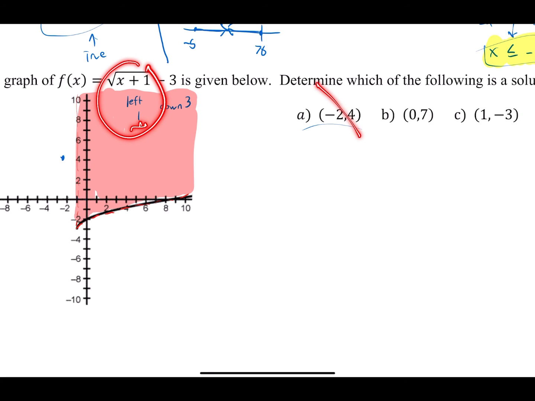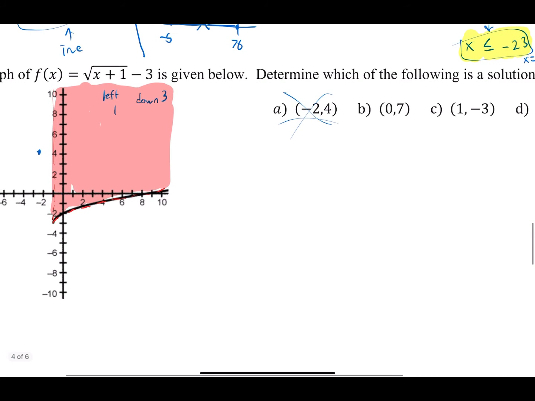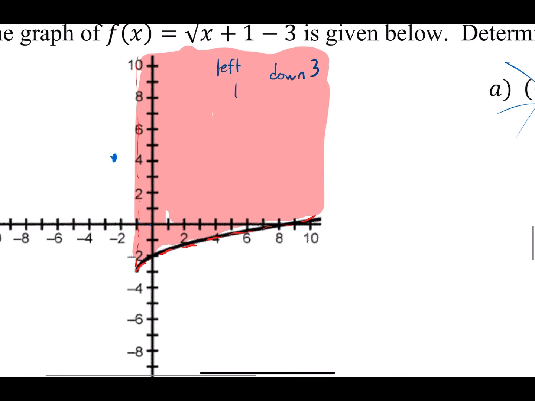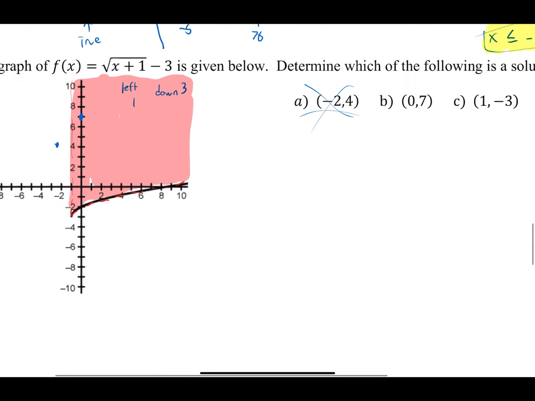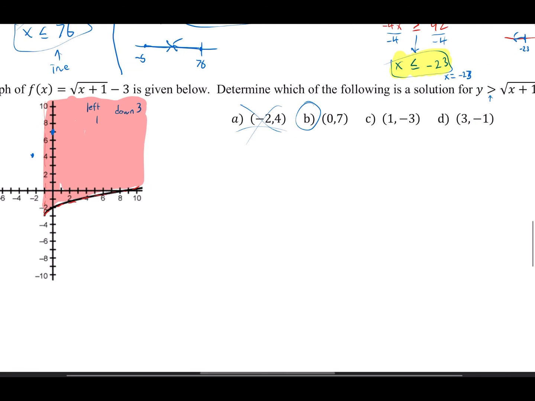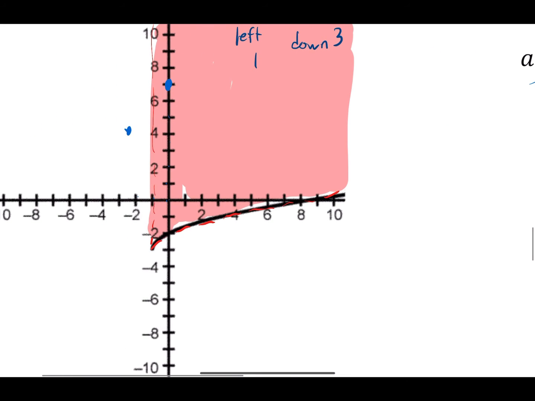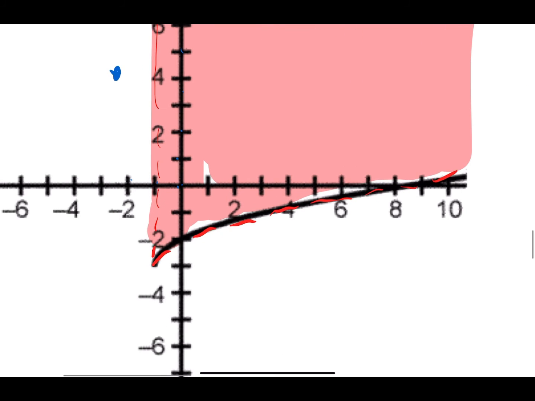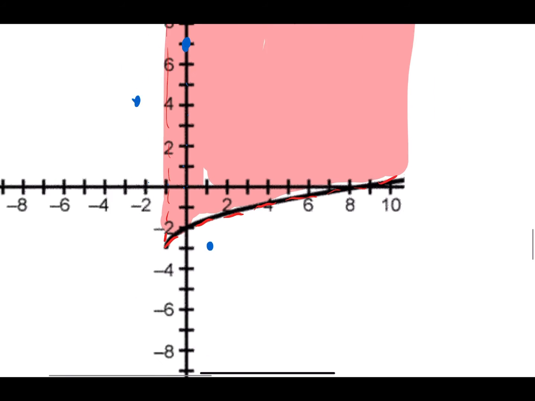Now we have 0, 7: 0, 1, 2, 3, 4, 5, 6, 7. Yep, nothing wrong with 0, 7. And let's double check all the others just in case. 1, -3 would put us right here. Not okay.